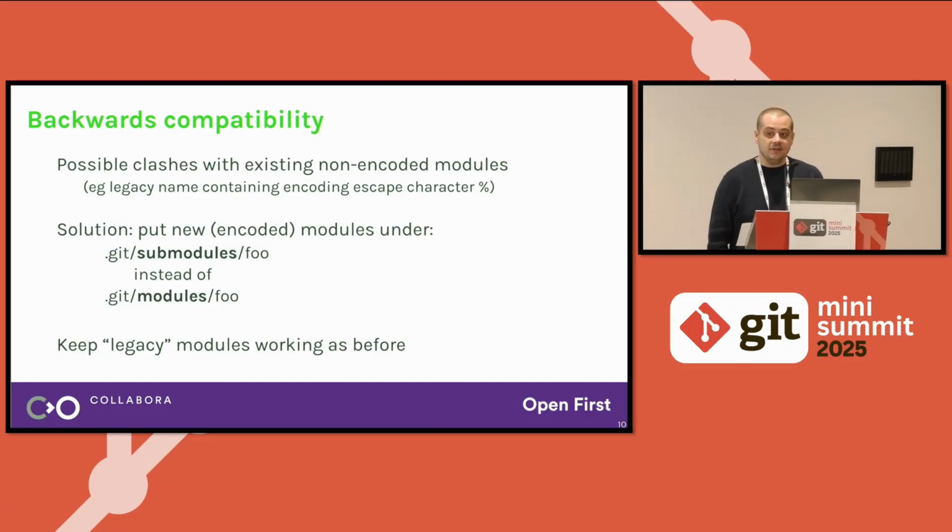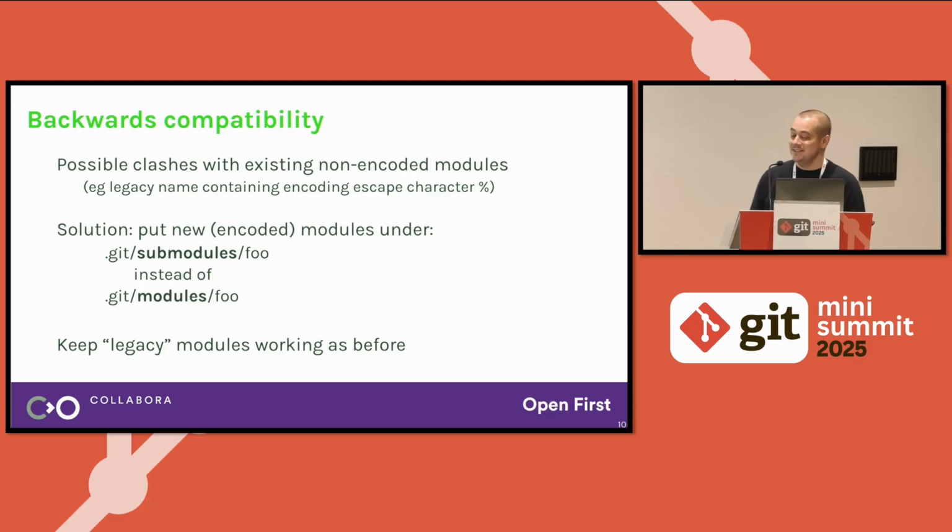Backwards compatibility. We have to be careful not to break existing modules because this is the risk with this series, right? This is why we decided to split the namespace of submodules and create a new directory alongside the modules directory. We have submodules which store the encoded names, right? So this is the current design.